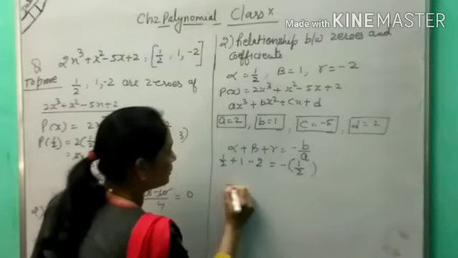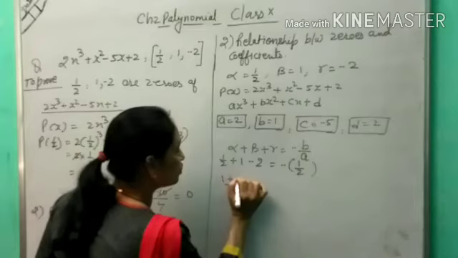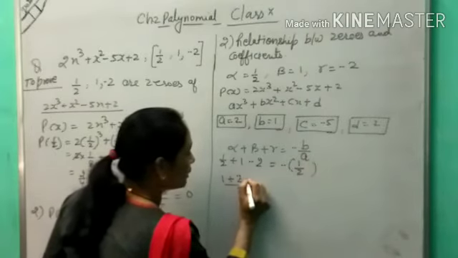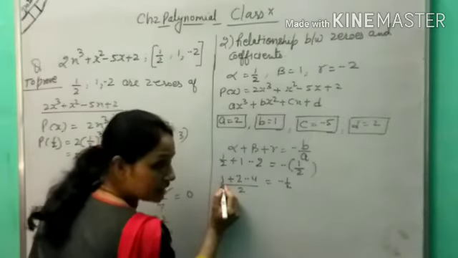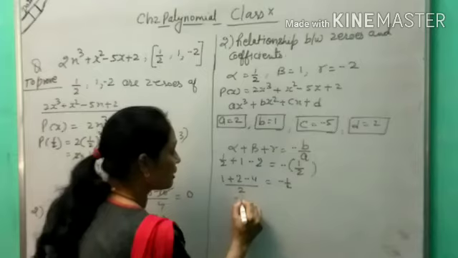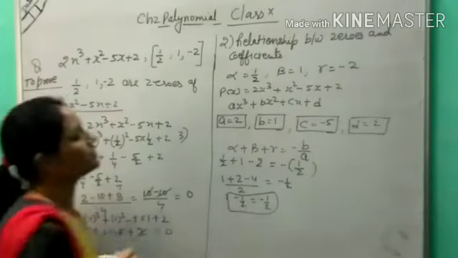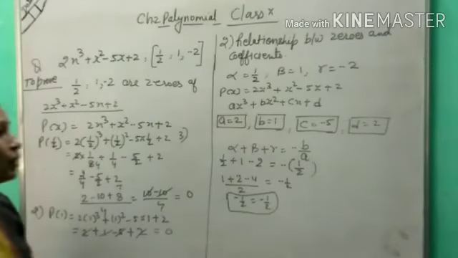So take LCM: 1 upon 2 plus 1 minus 2, that is 1 plus 2 minus 4 upon 2. 1 plus 2 is 3, and 3 minus 4 is minus 1 upon 2, is equal to minus 1 upon 2. So the first relationship is verified.